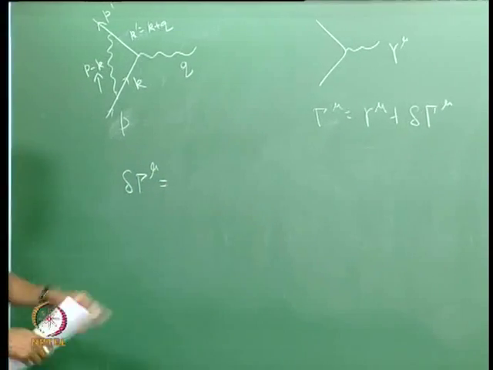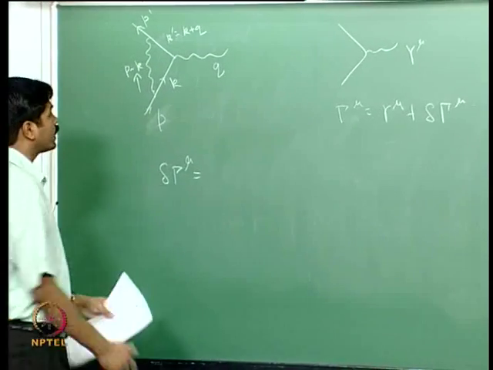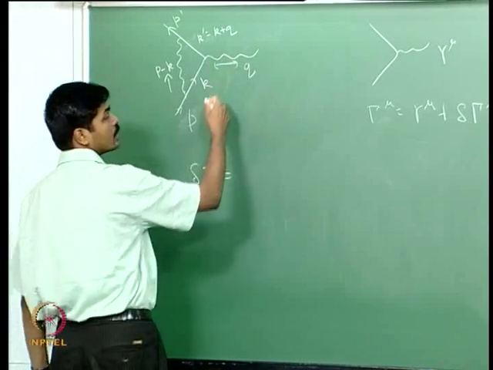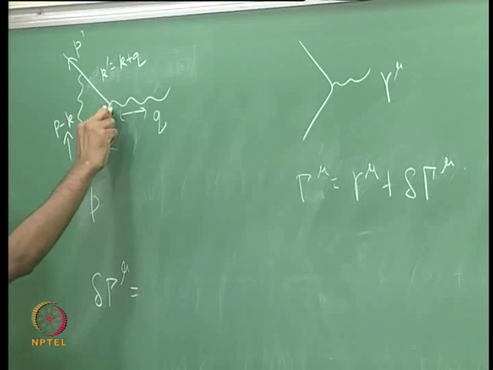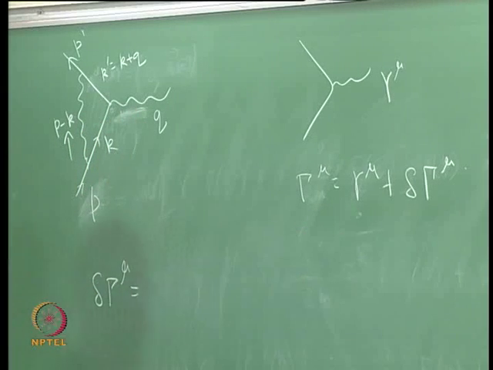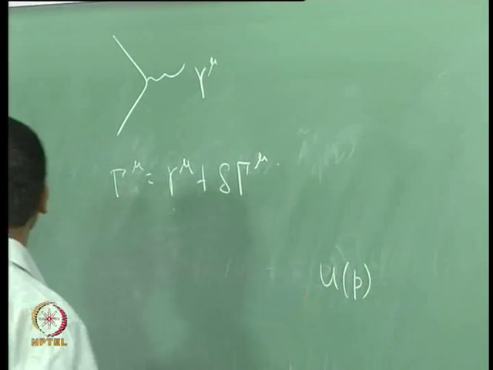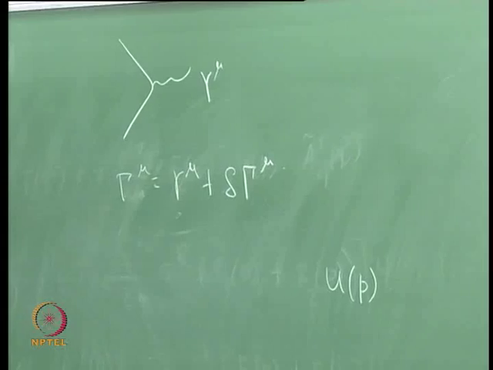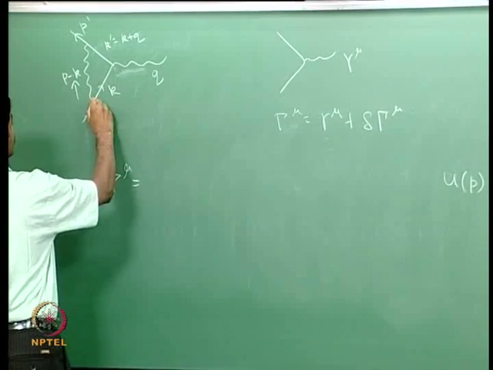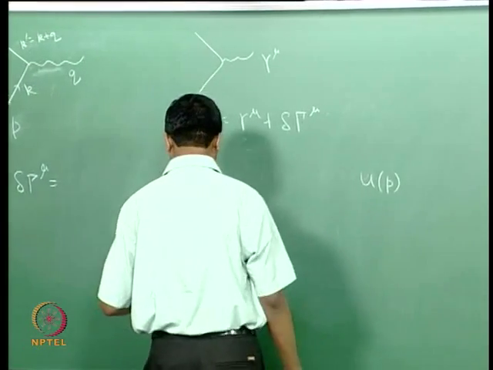I can use Feynman's rules to evaluate the amplitude here, and here instead of considering the photon propagator and i e gamma mu, I will just put gamma mu here because that is what I am considering. So let us use the Feynman rules. I will write u of p for the incoming electron here. Then I have a vertex here. So what will I write for the vertex? i e gamma mu.